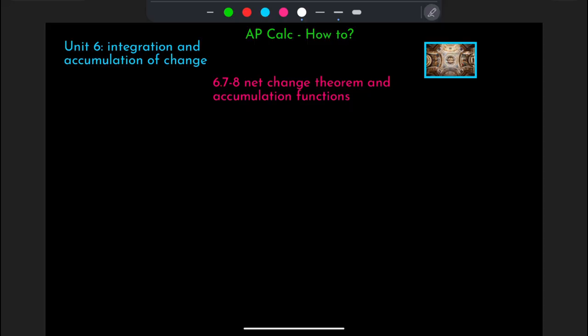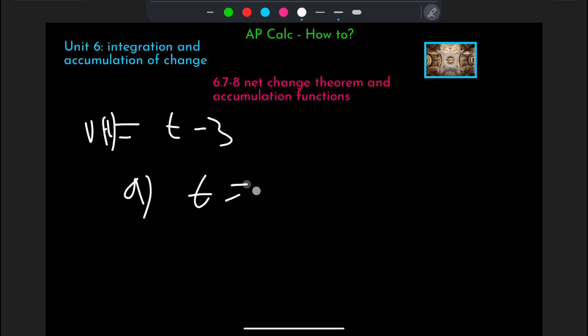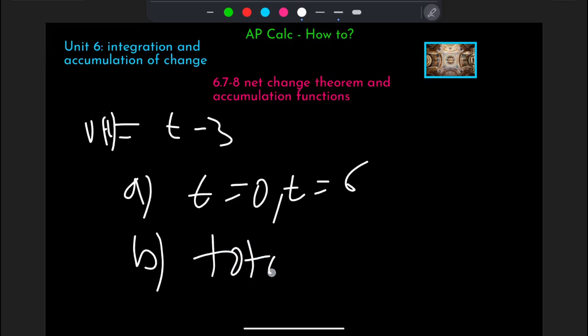If we have a particle moving along a line with velocity v equals t minus 3, we're finding the net distance traveled from t equals 0 to t equals 6, as well as total distance, net versus total. Go ahead and pause the video, see if you can do it yourself. So let's try it.